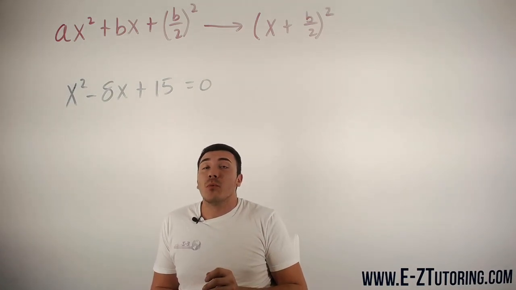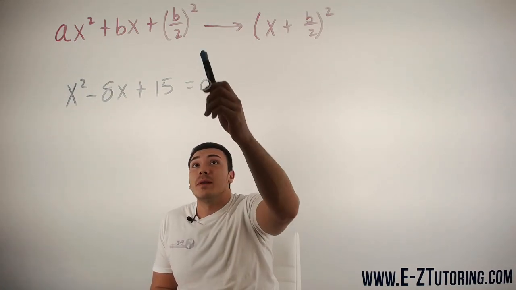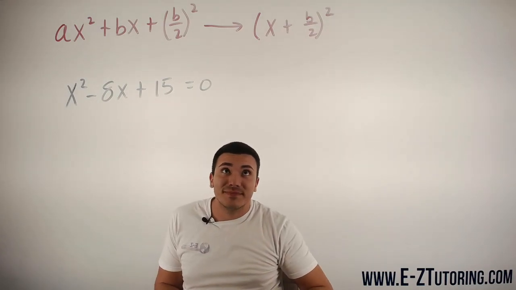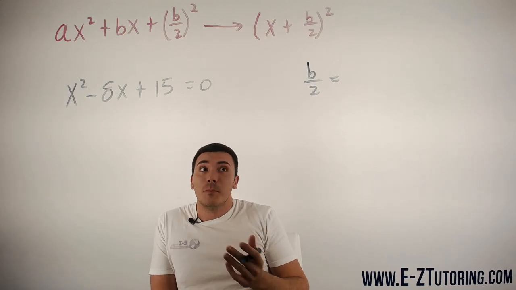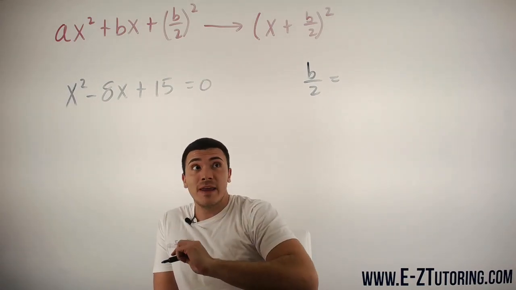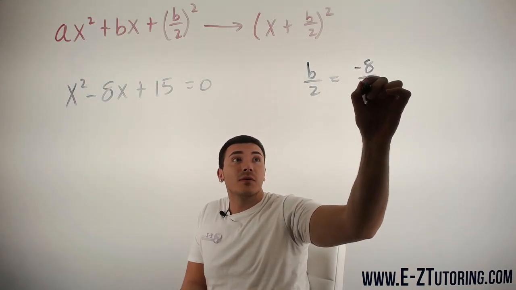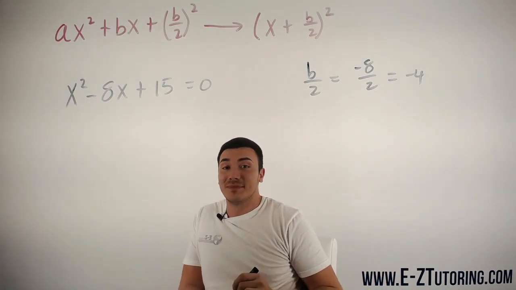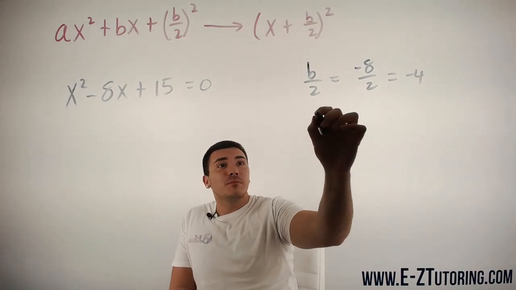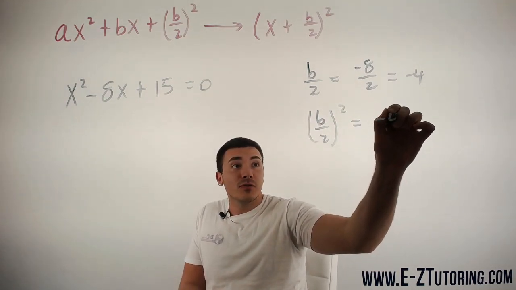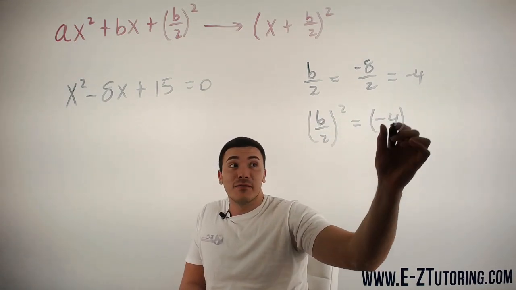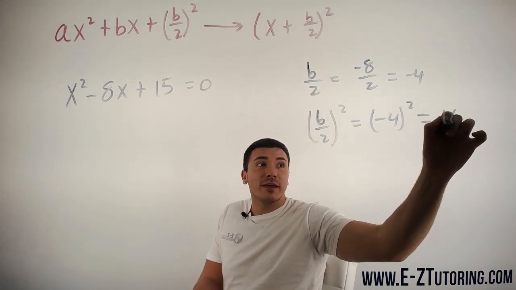So what we want to do is we want to find out what b over 2 squared is. So let's do b over 2 first. B is negative 8. Negative 8 over 2 is negative 4. So now what is b over 2 squared? B over 2 we know is negative 4, so we just square that and we get 16.